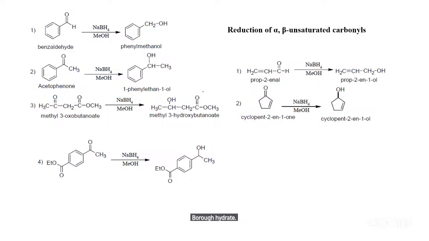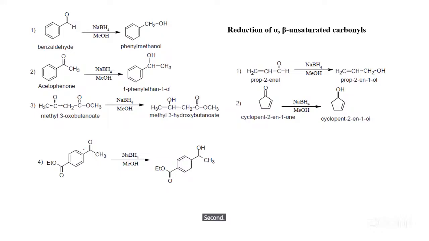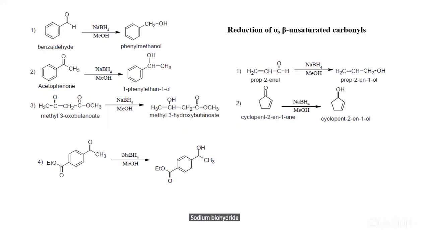Here are some examples of conversions of the major functional groups, like aldehyde to alcohol and ketone to secondary alcohol. Again here, ketone to secondary alcohol, but the ester functional group remains intact. In the second, third, and fourth examples, again we have ketone and ester functional groups. Sodium borohydride only reduces the ketone, while the ester remains intact.